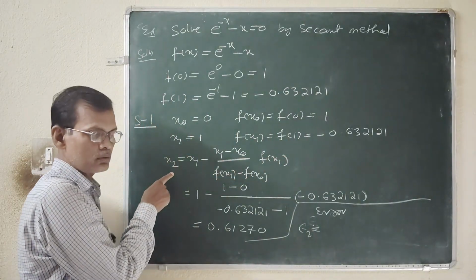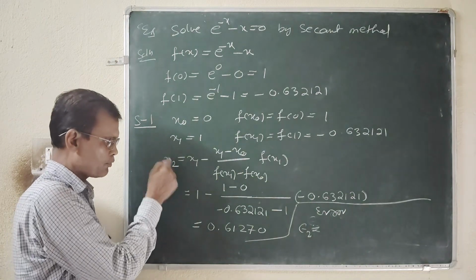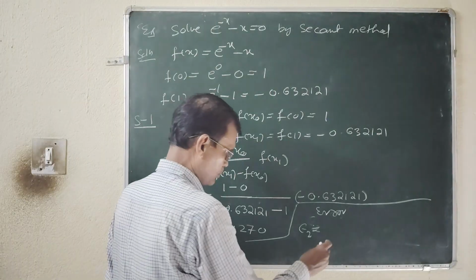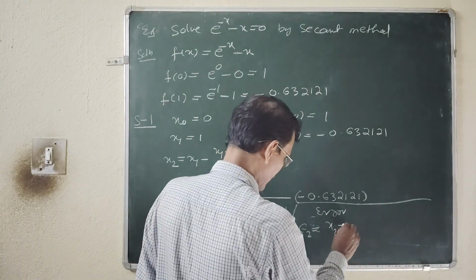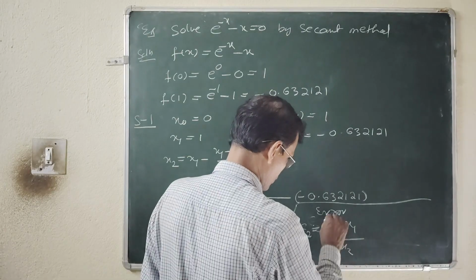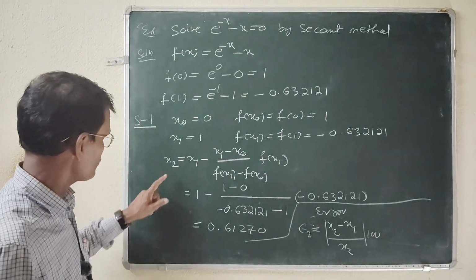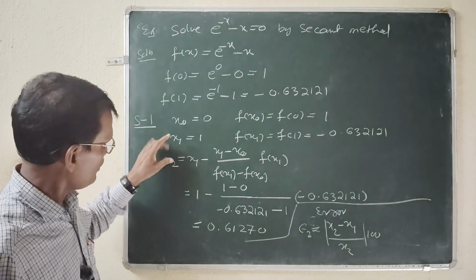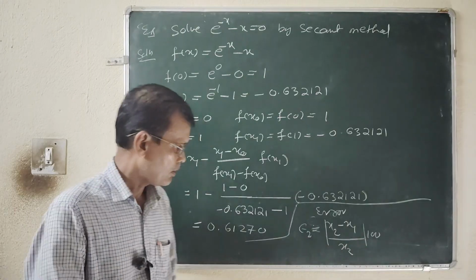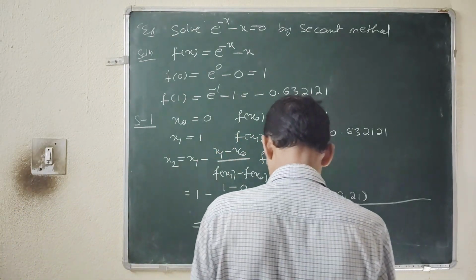Because this is the value x2. For this approximate value x2, we call the error epsilon 2. The formula is the modulus of x2 minus its previous value x1, divided by x2, into 100. We know the value of x2, we know the value of x1. We put these two values here and multiply.